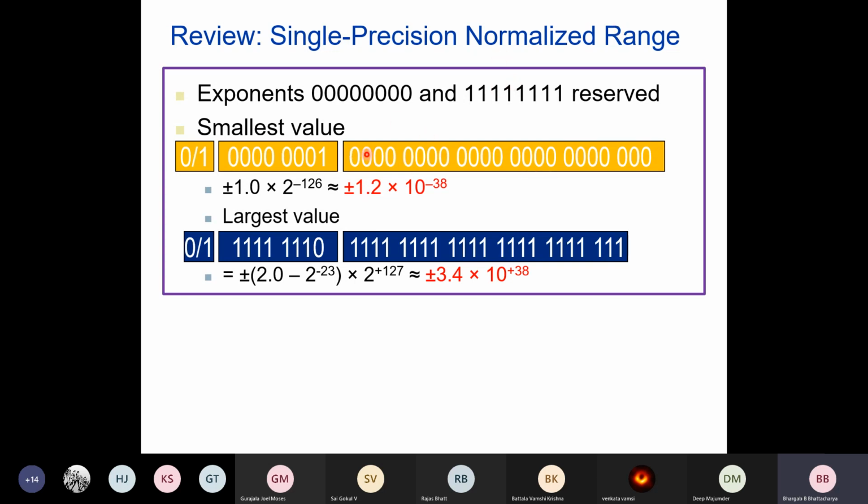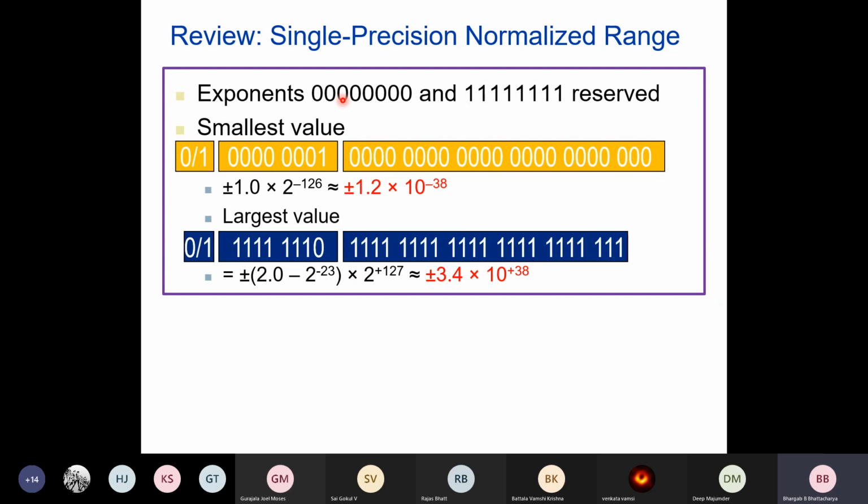It means that before the mantissa you need to write one binary point. Since you have a finite number of bits for exponent and mantissa, you have a smallest value and largest value representable in the normalized range.